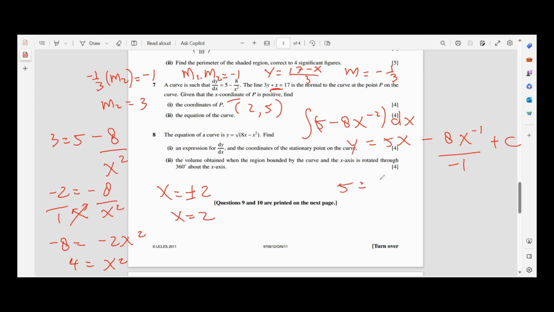So we have 5 equals 5 times 2 plus 8x to the power minus 1, so it's over 2, plus c. So 5 equals 10 plus 4 plus c. So c equals minus 9. So the equation of the curve is y equals 5x plus 8x to the power minus 1 minus 9.